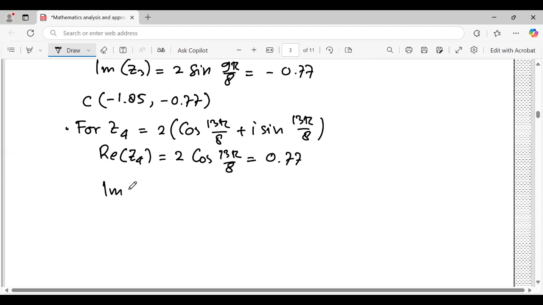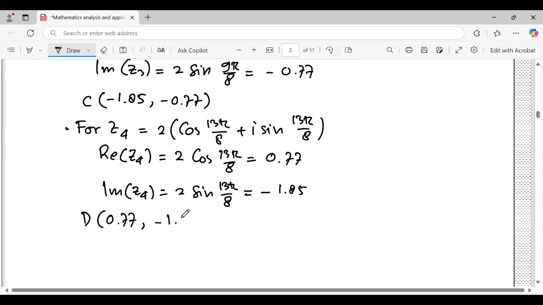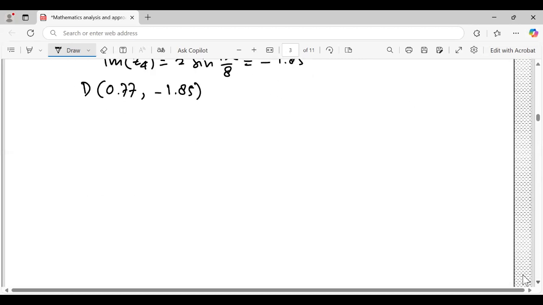The imaginary part of Z4 is 2 sine 13 pi over 8, and it is minus 1.85. So coordinate point D is 0.77, comma, minus 1.85, and D is located in the fourth quadrant. Right.